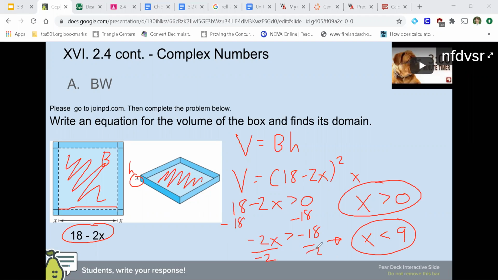Note that when you divide by a negative, it flips the sign from greater than to less than. So that tells us x must be greater than 0 but less than 9. So our domain is the numbers between 0 and 9. Again, I use parentheses and not brackets because those numbers aren't included.